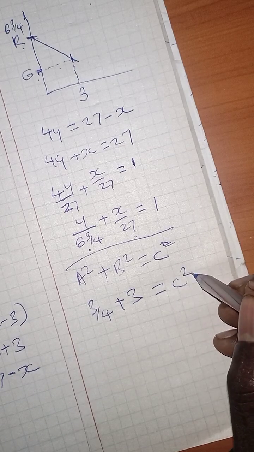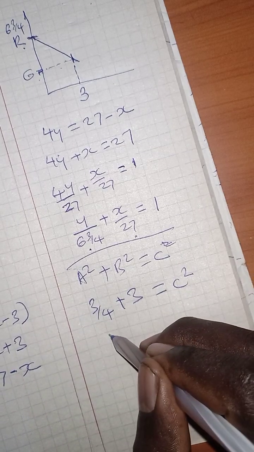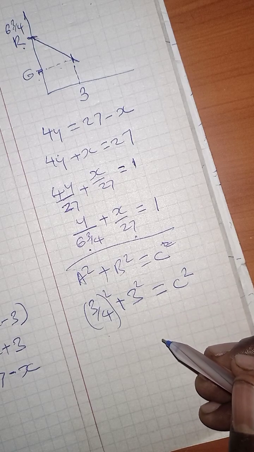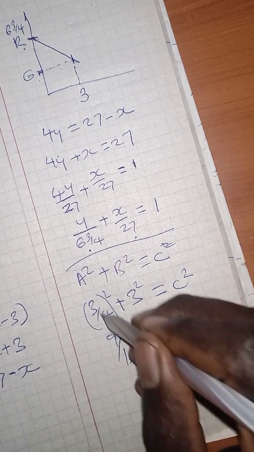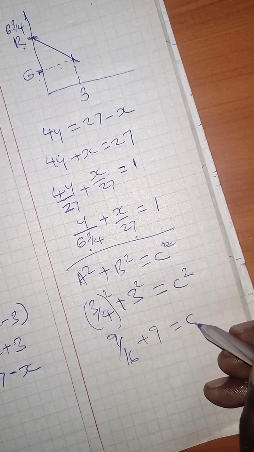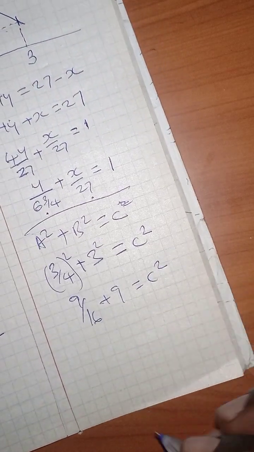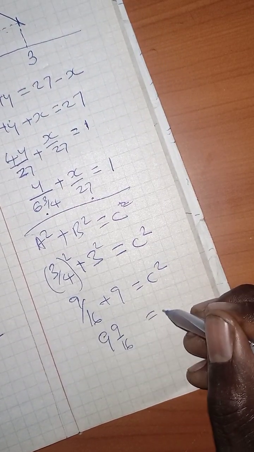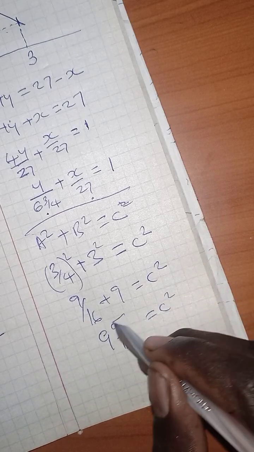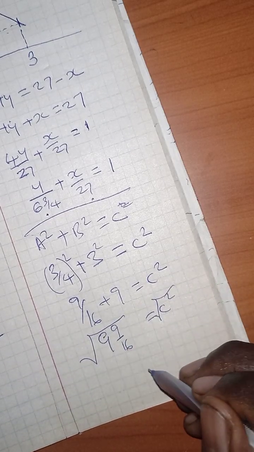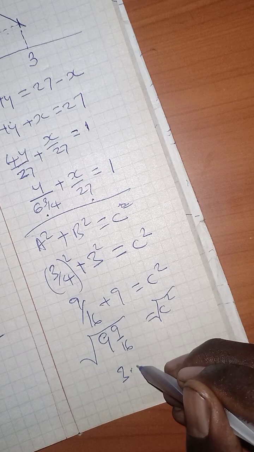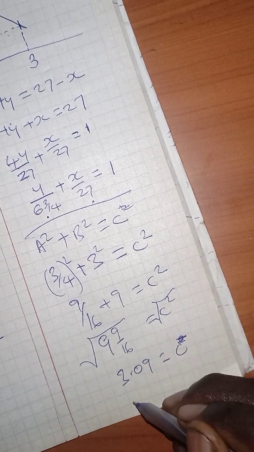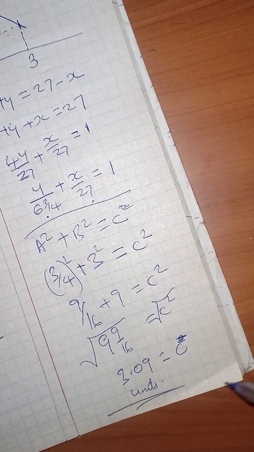We should be able to get our c squared: a quarter squared is 1 over 16, plus 3 squared, which is 9, is equal to c squared. Therefore, we have 9 and 1/16 is equal to c squared. Taking the square root of that, we get approximately 3.0 is equal to c. These are units. We don't know the units, so just write their units.